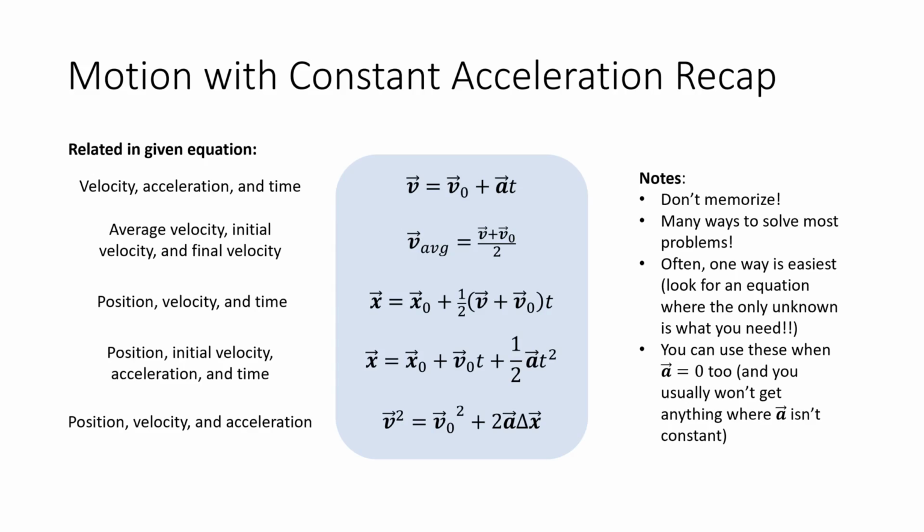Even though it's really tempting, I think because we learned that equation first, to just use it whenever you have a velocity and a time and you want to know position, or you have a position and time and you want to know velocity, it won't always work, because oftentimes you'll be looking for instantaneous velocity and not average velocity. So that means you'll be looking for v and not v average.